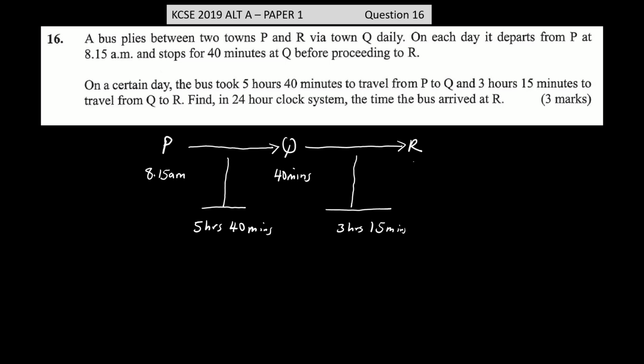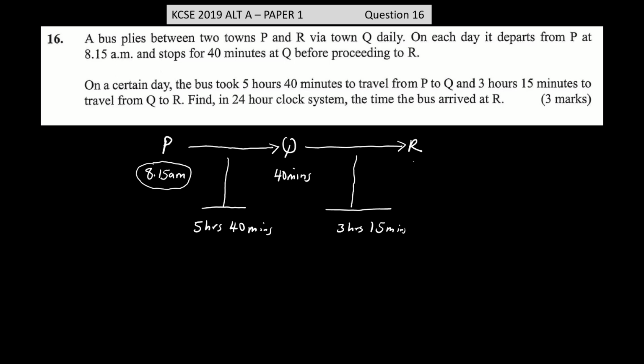The question asks us to find the time the bus arrived at R. Note that the bus left town P at 8:15. So let's look at the total number of hours that the bus used to travel.